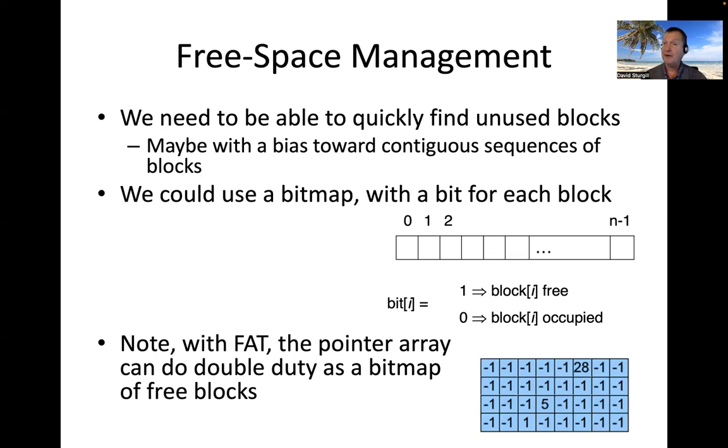But on your last exercise, you're looking at a FAT12 file system, and they use a value of 0 for a block that's free. So you could just look through that existing file allocation table, and wherever you see a 0, or even better, a bunch of zeros in a row, that's a big contiguous section of available blocks on the disk. So you don't really need a separate structure for that.